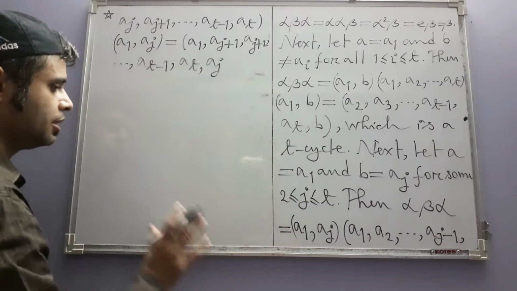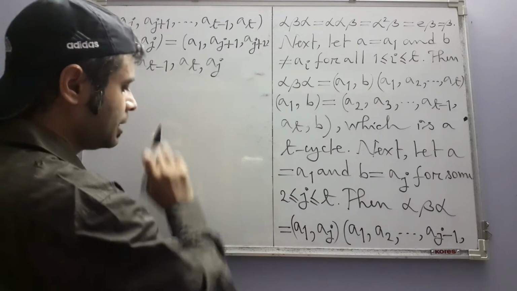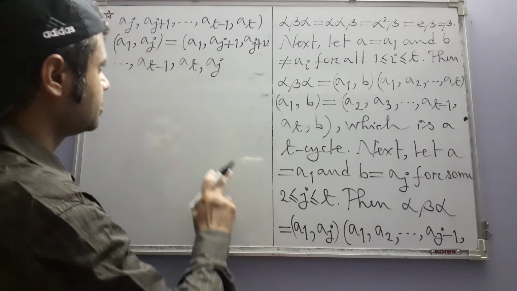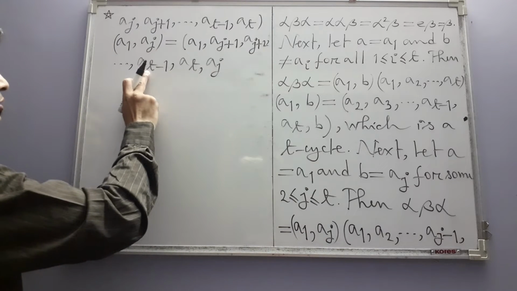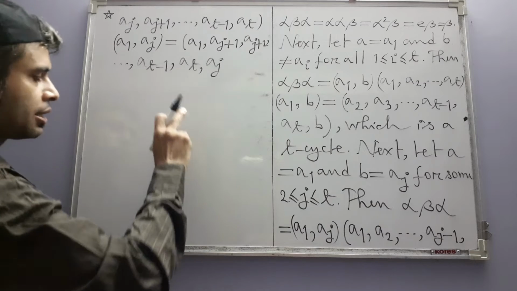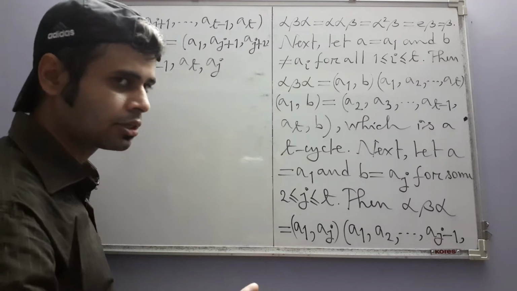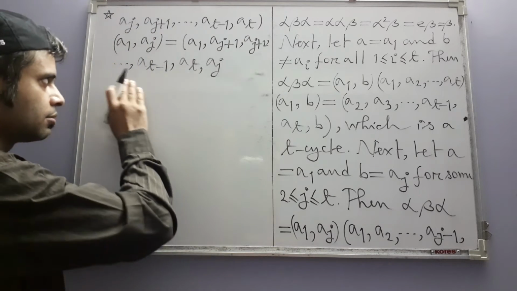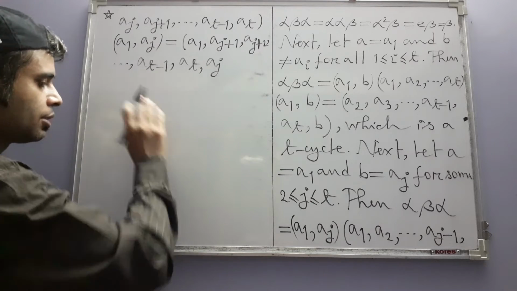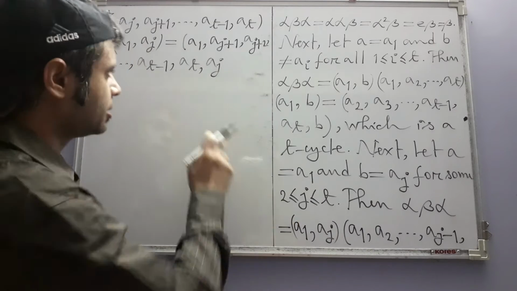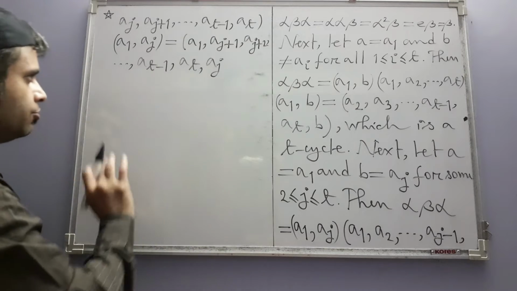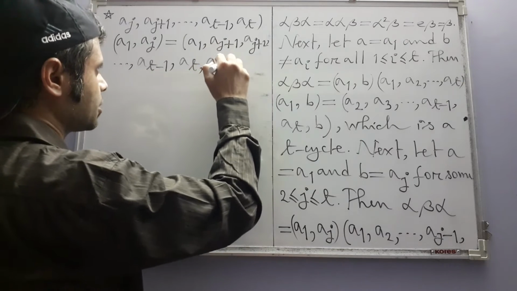Again I am saying, you see, in this calculation it seems like we are heavily using the fact that j is not equal to t-1 and at the same time j is not equal to t. But those cases, where those things are actually equal, are also included in this. So let's now continue.